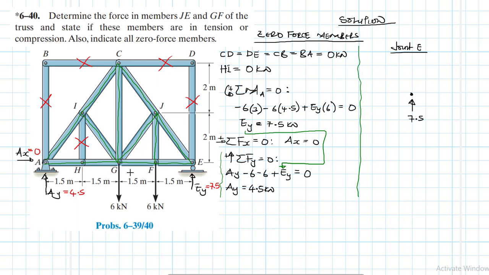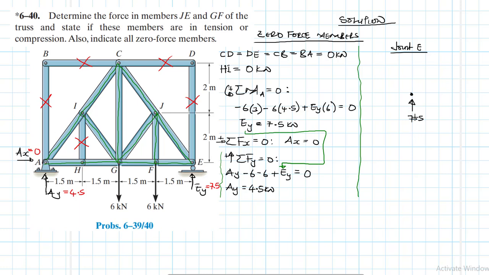Then the bottom chord AHGFE, expect it to bend something like this, I'm just exaggerating. So to bend down. Therefore, this bottom chord is going to undergo tension, while the top chord, which is AICJE, is going to be in compression.